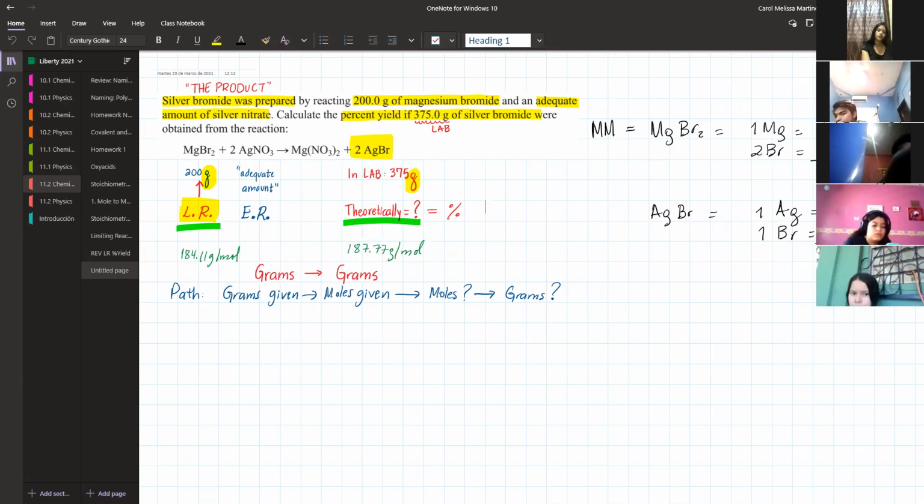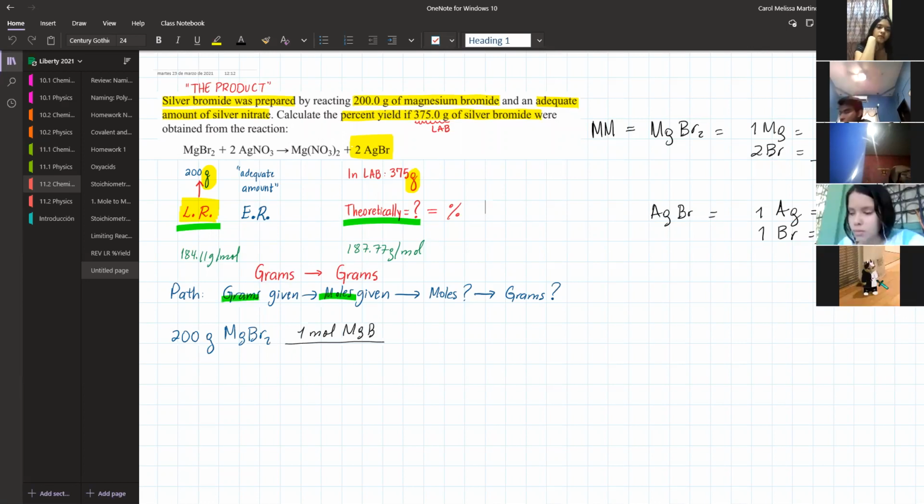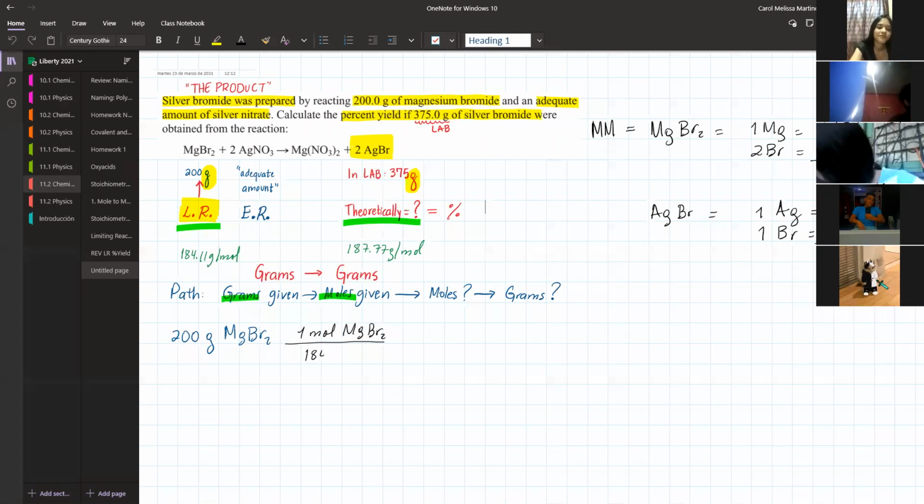So they are giving me 200 grams of MgBr2, magnesium bromide, okay? So from grams to grams, remember that process. From grams to moles, you use the molar mass. So in 1 mole of MgBr2, you have a molar mass of 184.11 grams of the substance.